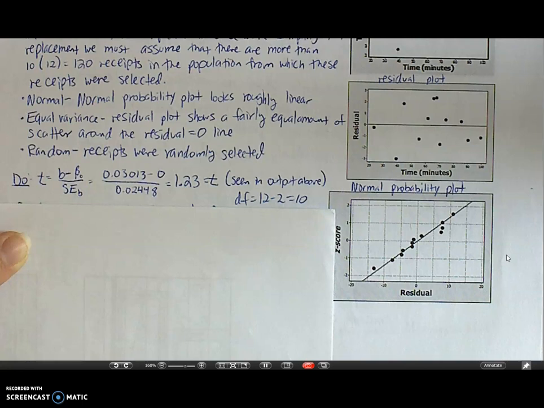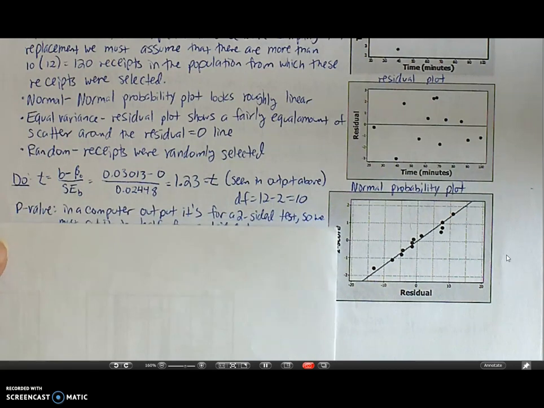Which again, we saw from the output above. Degrees of freedom, when you have linear, is always going to be n minus 2, which is different. It used to be n minus 1, and then for chi-square, it was completely different. So our degrees of freedom is 10, because there were 12 pairs of data, so 12 minus 2 is 10.